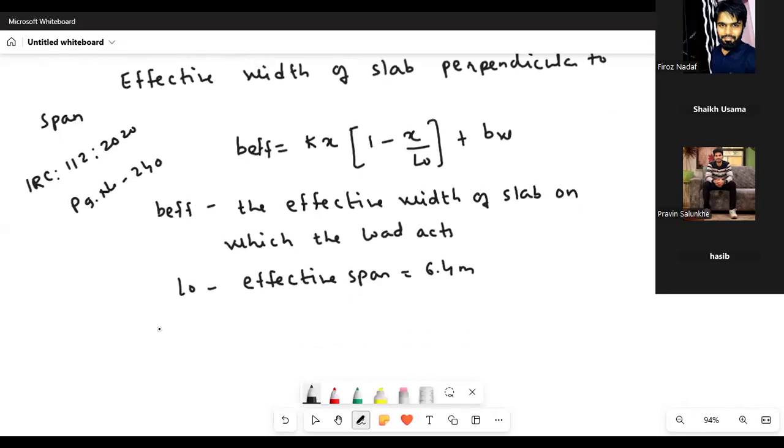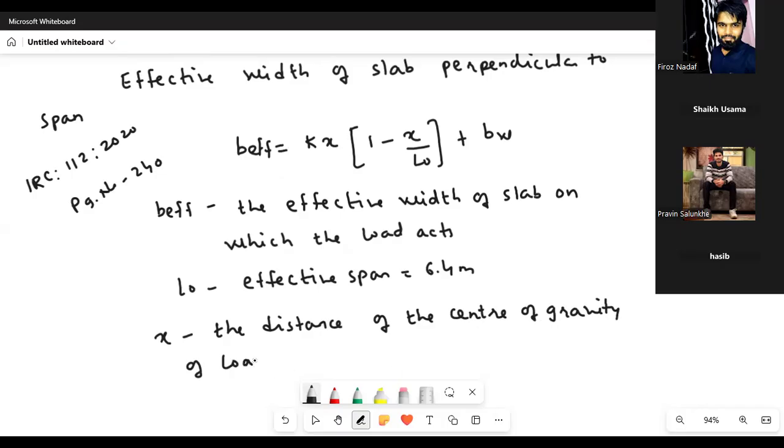X is the distance of the center of gravity of the load from the nearer support.